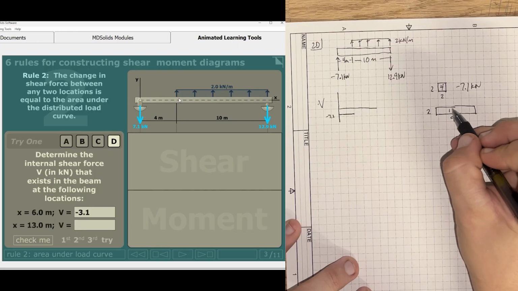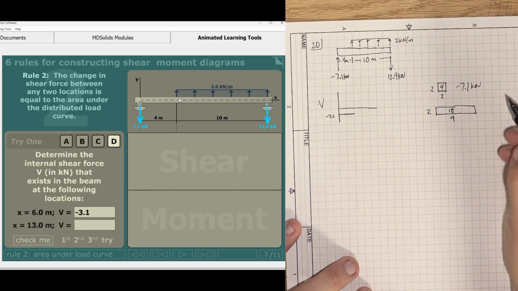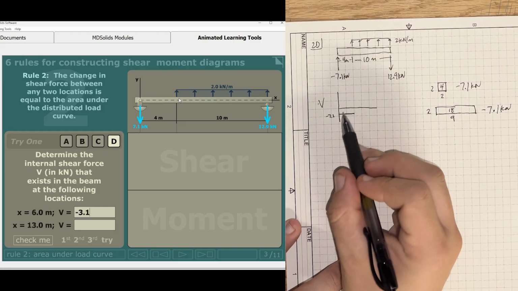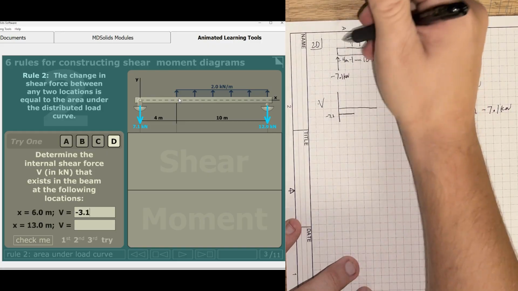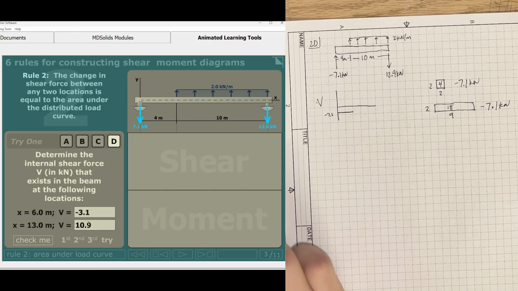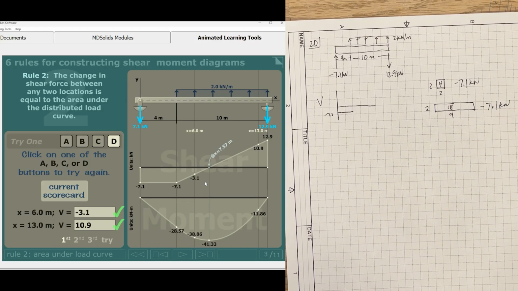So 2 times 9 gives us 18, a positive 18 kilonewtons, and then minus that 7.1 kilonewton reaction force, which is going downwards. So 18 minus 7.1, we end up with a positive 10.9 there.